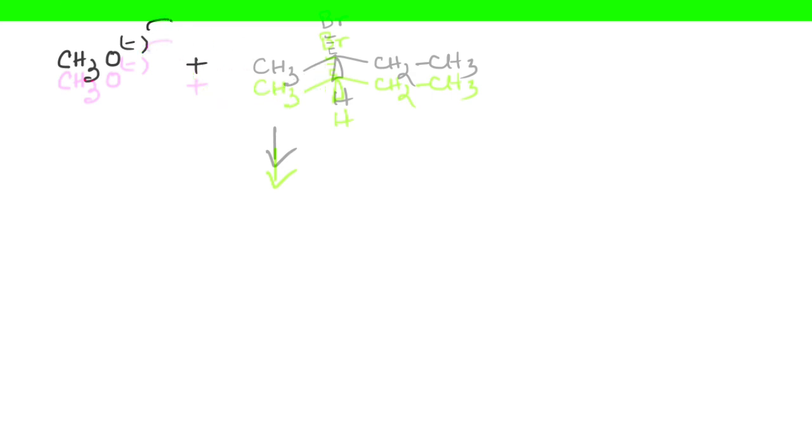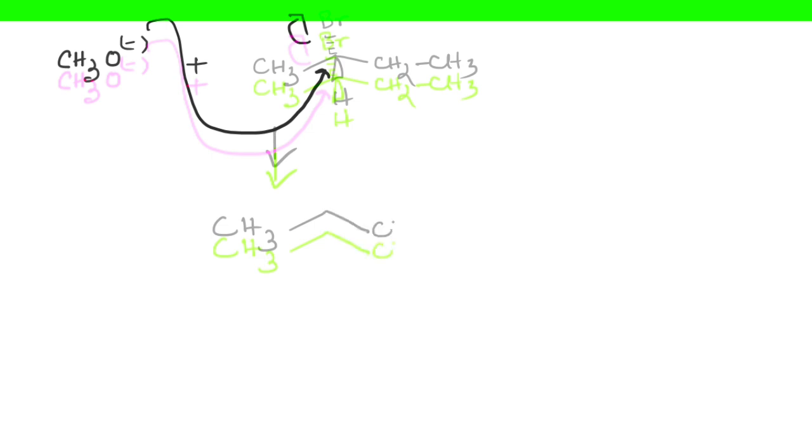The O minus will attack from the back side of the Br atom, and the Br atom will be removed, and we will get CH3O single bond. Wait, let me write it this way so it will be easier for you. CH3, C, CH2CH3, the OCH3 group will be above, and the hydrogen will be below.